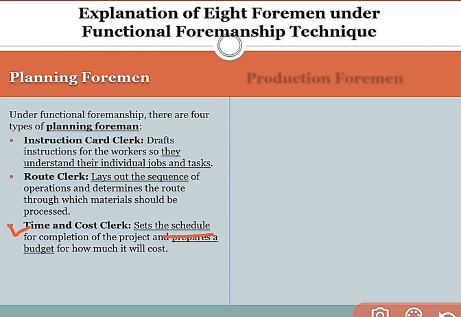That time has to be managed and given by the time and cost clerk, as well as how much budget has to be sanctioned for completion of the particular task at the workplace, at the factory. All these things have to be managed and set up by the time and cost clerk.